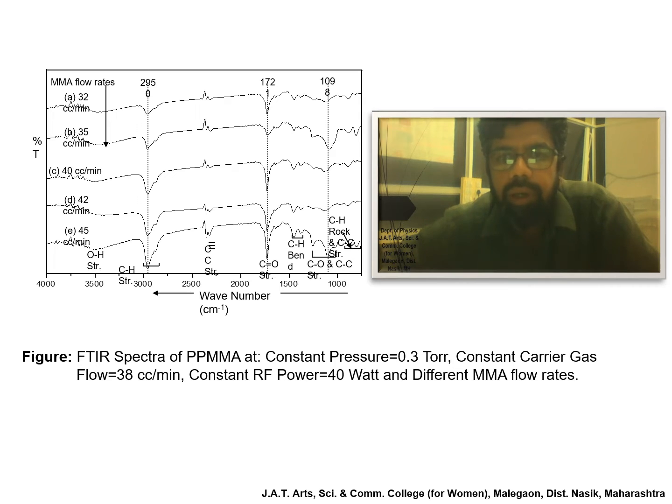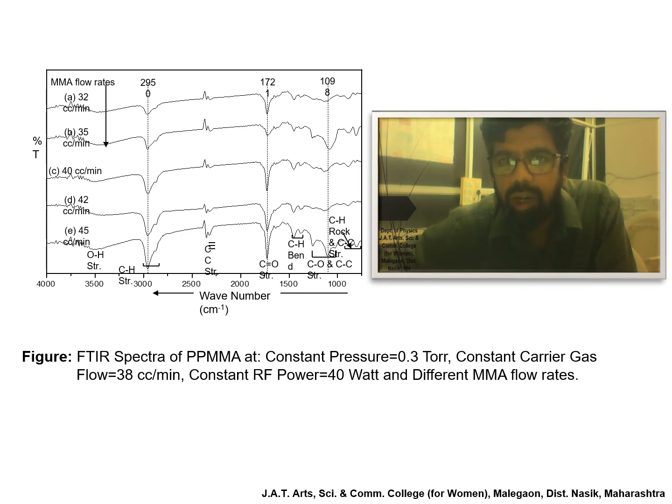So let us come to the result part. Here I deposited many films, 1, 2, 3, 4, 5 films. For these 5 films I took the FTIR spectra of plasma polymerized methyl methacrylate at a constant pressure of 0.3 torr, constant carrier gas flow of 38 cc per minute, and constant RF power of 40 watt, at different mass flow rates. The mass flow rate is the methyl methacrylate flow rate.